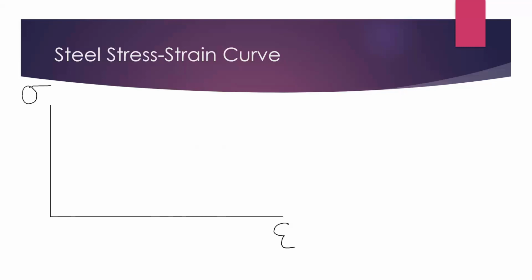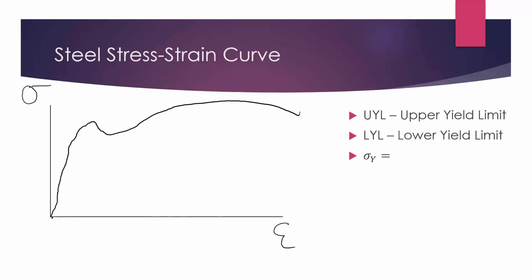It starts linear, has a little trough, and then goes back up. This right here is what we call the upper yield limit, so the top of that first crest.